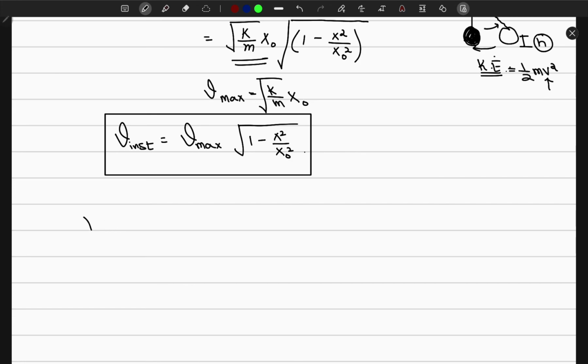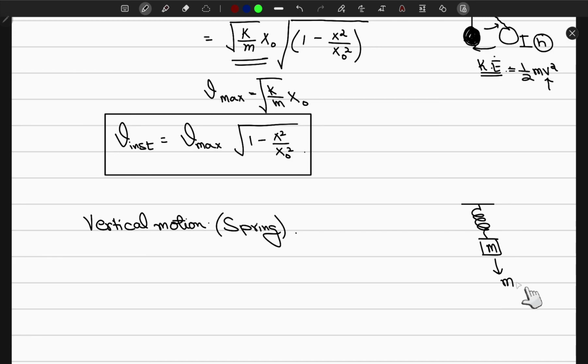Right. So let's quickly discuss the case of vertical motion. Now, in vertical motion, we are talking about spring motion. You could have a spring which is vertically attached to a mass m. There would be a force of gravity downwards, which is mg, the weight.